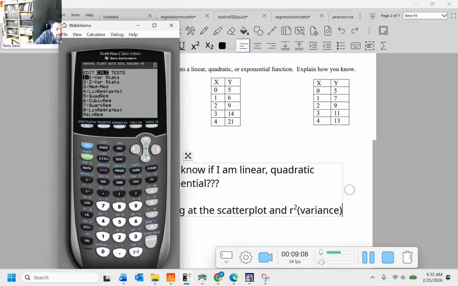Let's do a quadratic, but the R squared value was kind of low. It was 0.9. R squared is 1 on a quadratic. So as much as I want this thing to be exponential, it's probably actually a quadratic because that's a perfect R squared value. And let's do an exponential regression and see what she says.